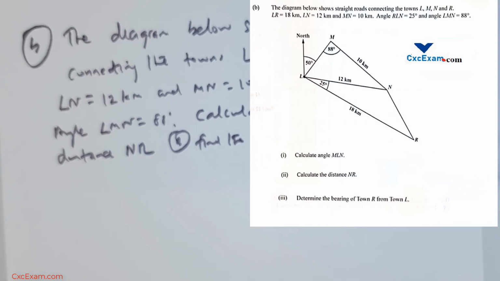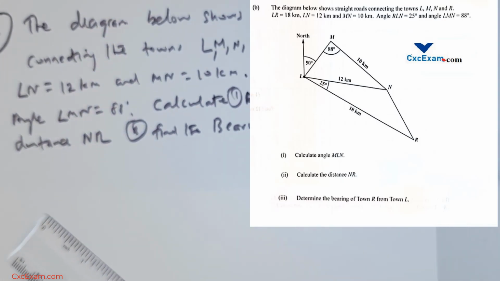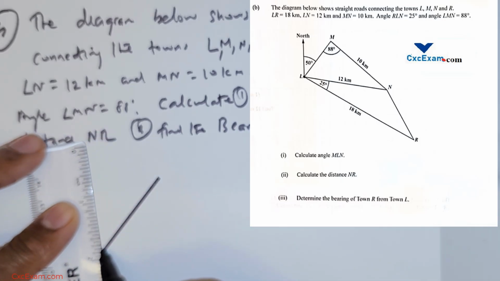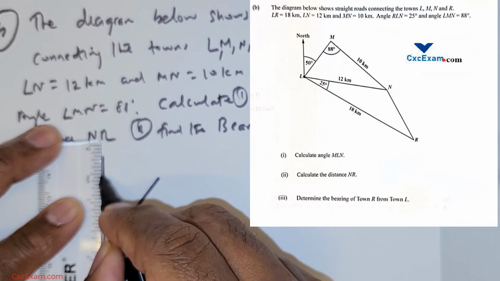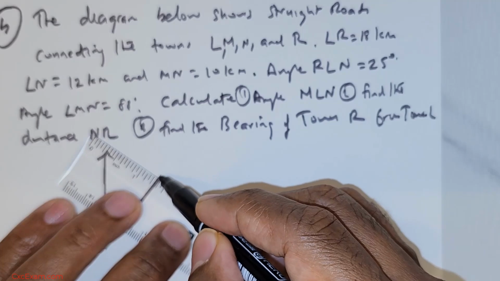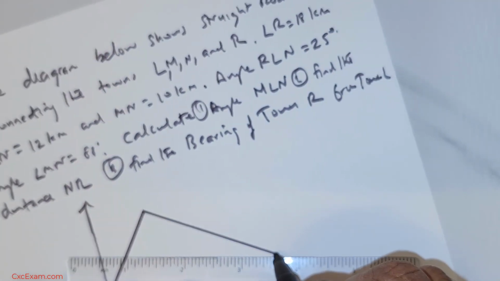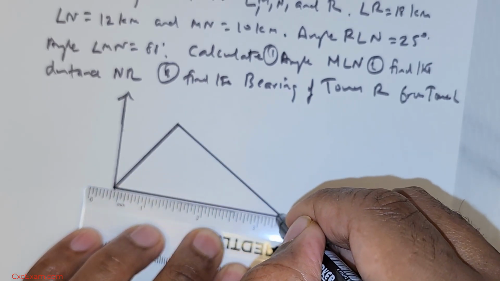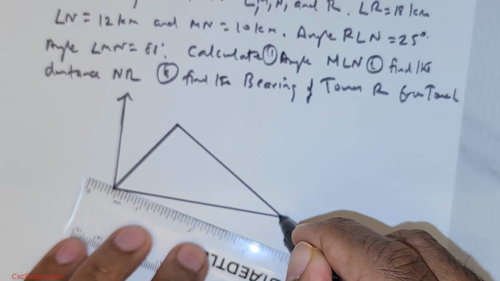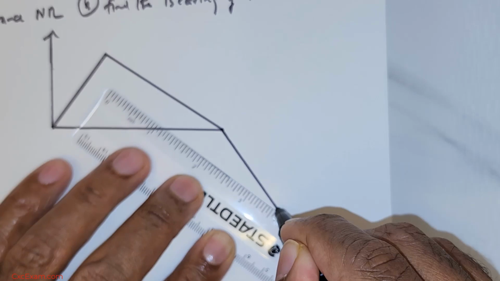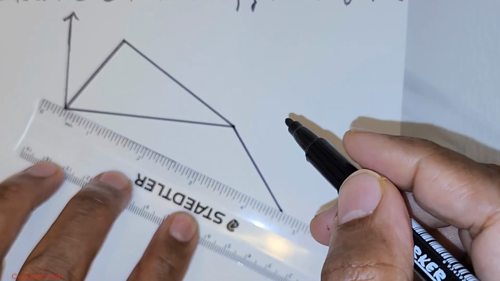Now foremost we need to draw the figure. So let me draw the figure. So you have this is the bearing, then you have the hit there, and then further down, and then you have the connection.